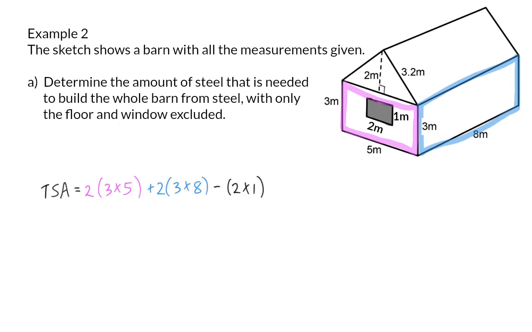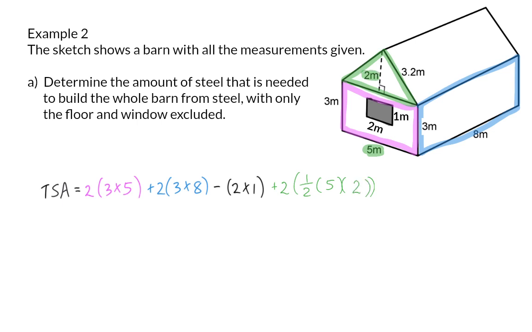Now we can move to the triangular prism, which forms the roof. Here we have 2 triangles, one at the front and one at the back. This means we will add 2 areas of a triangle. And for these triangles, the base will be 5 meters and the perpendicular height 2 meters.